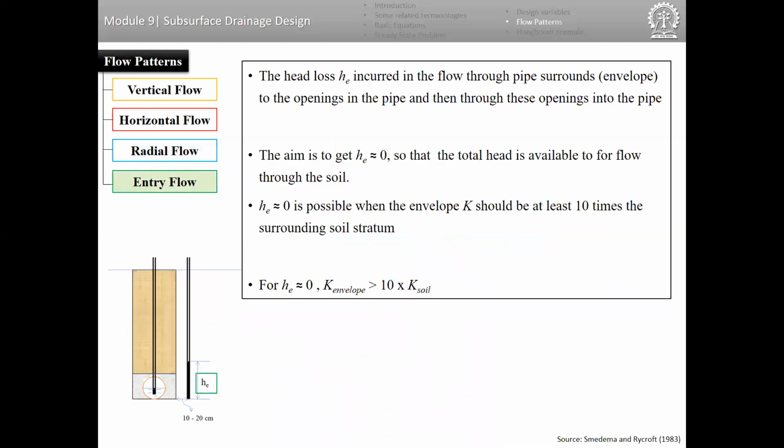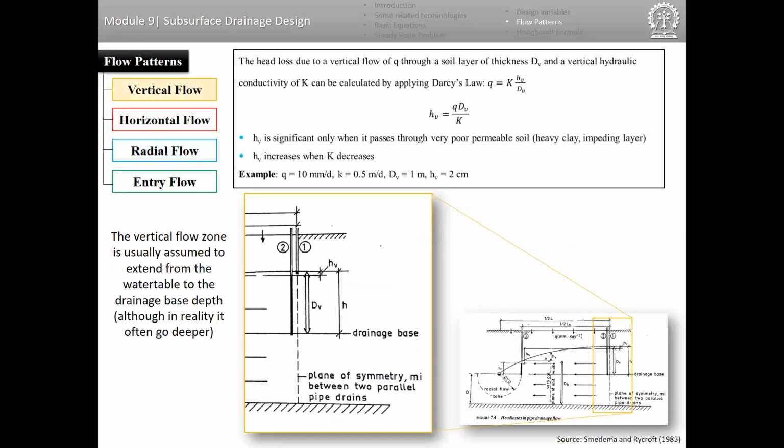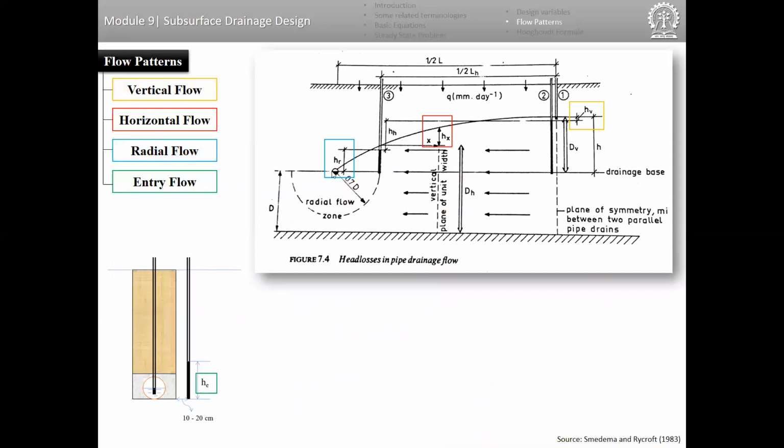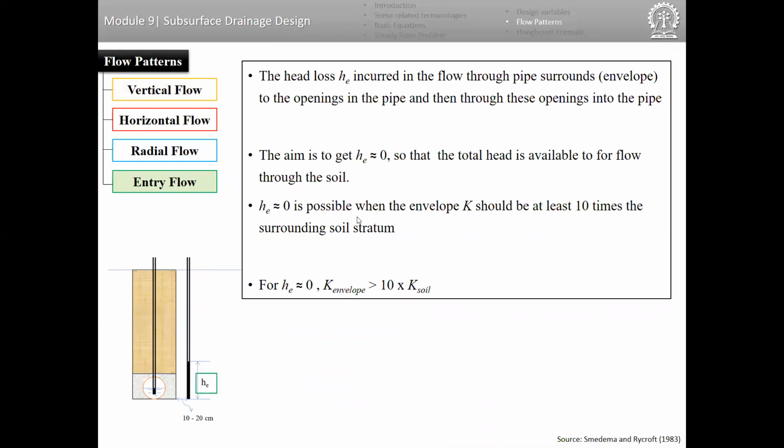Now coming to the entry flow that is taking place quite here. So this is your drain, and inside this drain we have installed a piezometer, and one piezometer is kept just outside the drain. The head loss HE, the entry loss, is incurred in the flow through the soil surrounding the opening in the pipe, and then through this pipe opening into the pipe.